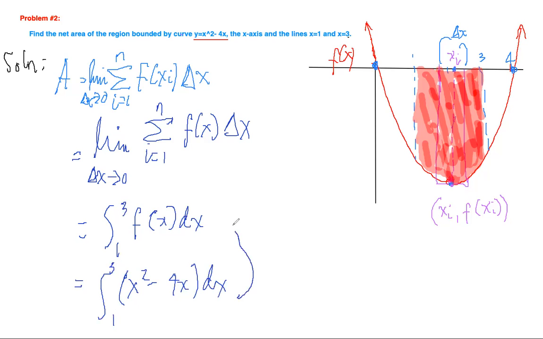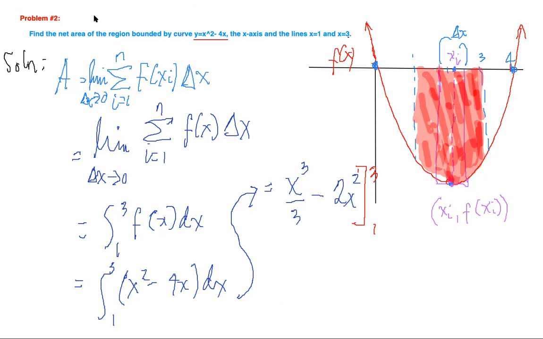Let's solve for the integral. The integral of x squared is x cubed over 3, and the integral of 4x is 2x squared. We evaluate this from 1 to 3.